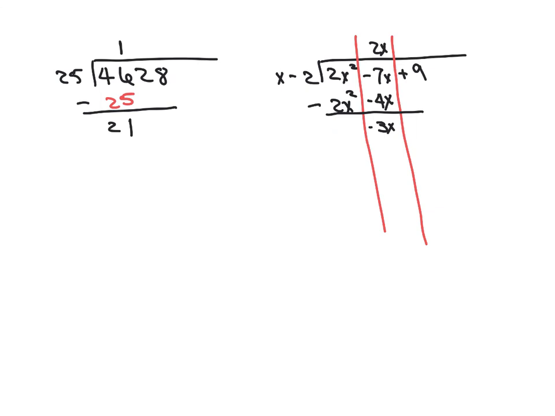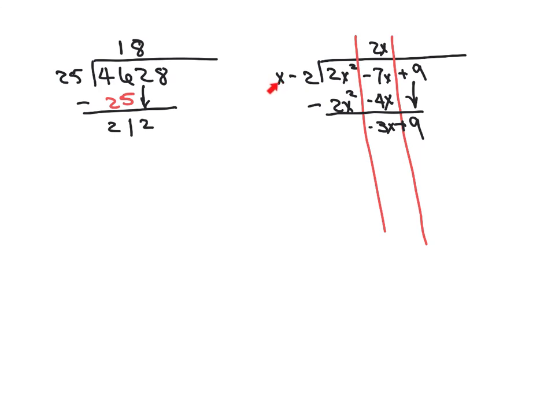Come over here to our numbers. We bring down the 2. We bring down the 9, but we bring the sign with it. Okay? Now what do? 25 goes into 212 8 times, and the 8 goes above here. Do the same thing here.